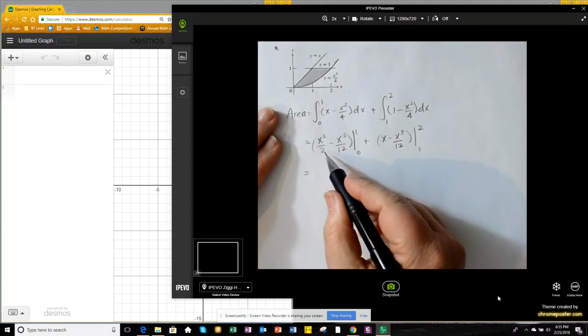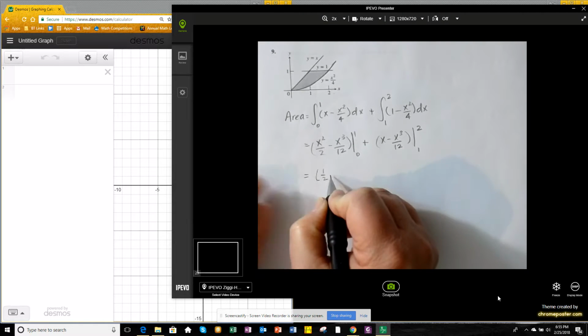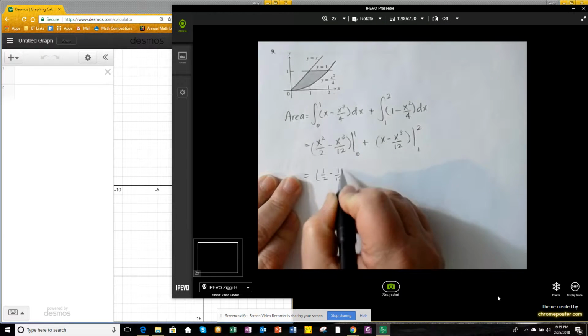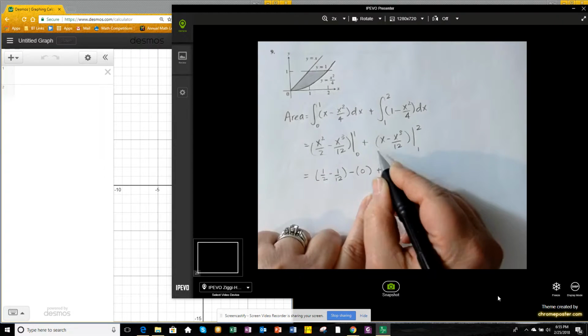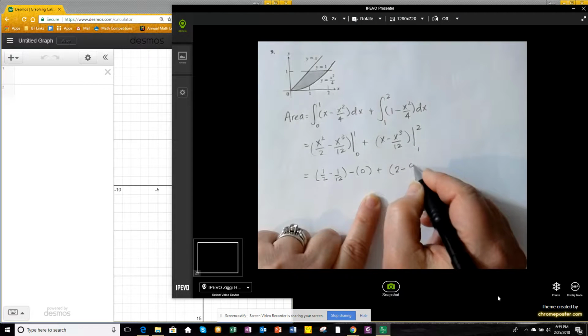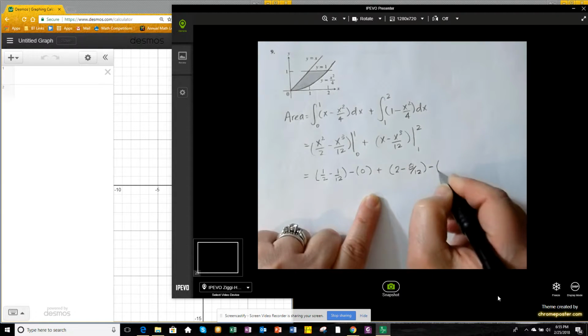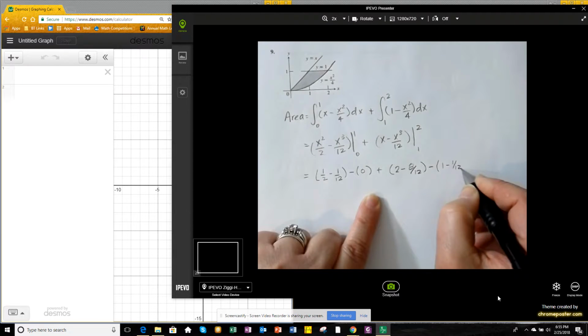When I plug 1 in here, I get 1/2 minus 1/12, minus 0 wipes it out, so minus 0, plus when I plug 2 in here, I get 2 minus 8/12, minus when I plug 1 in, we're going to get 1 minus 1/12.